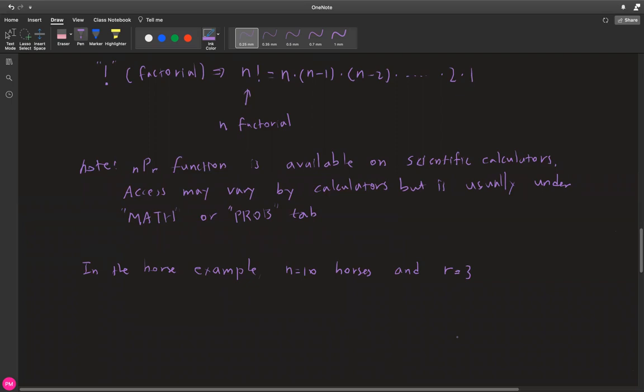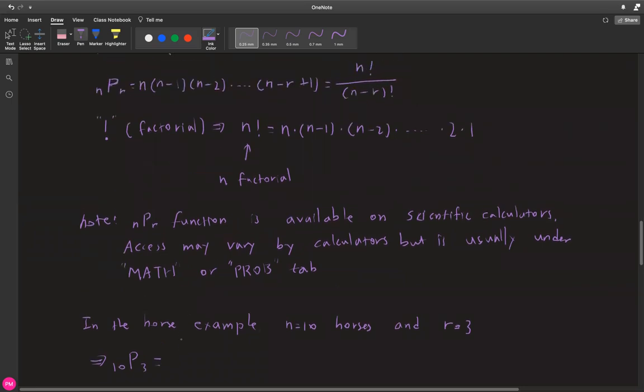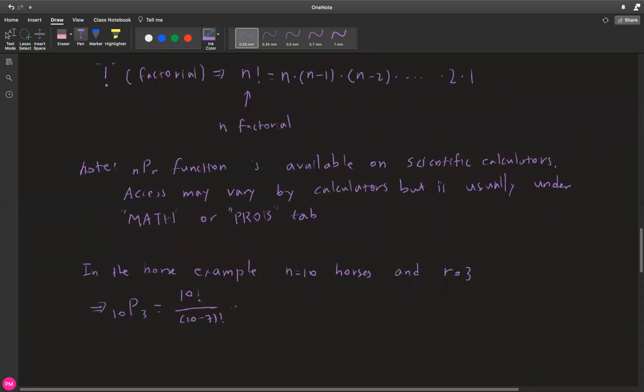Does that make sense? So that implies the whole calculation is 10 permutation 3. Simply, using this formula, it's 10 factorial divided by 10 minus 7 factorial. And 10 minus 7 is 3, so it's going to be 3 factorial.